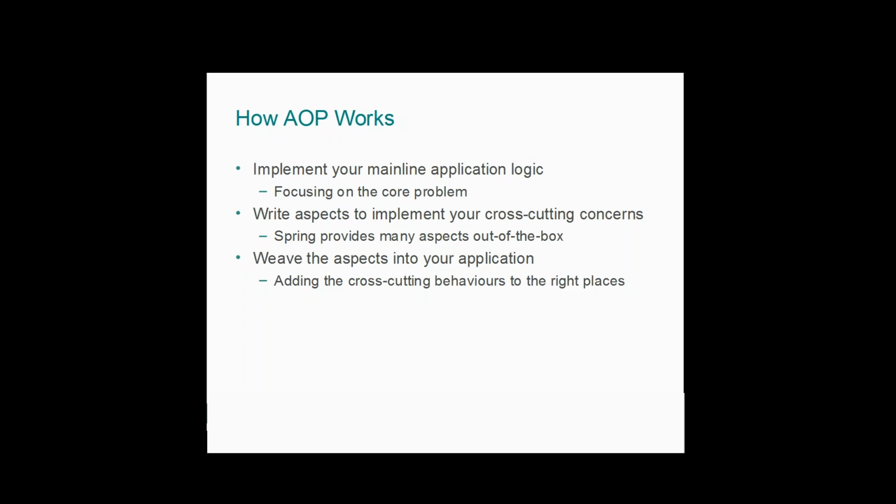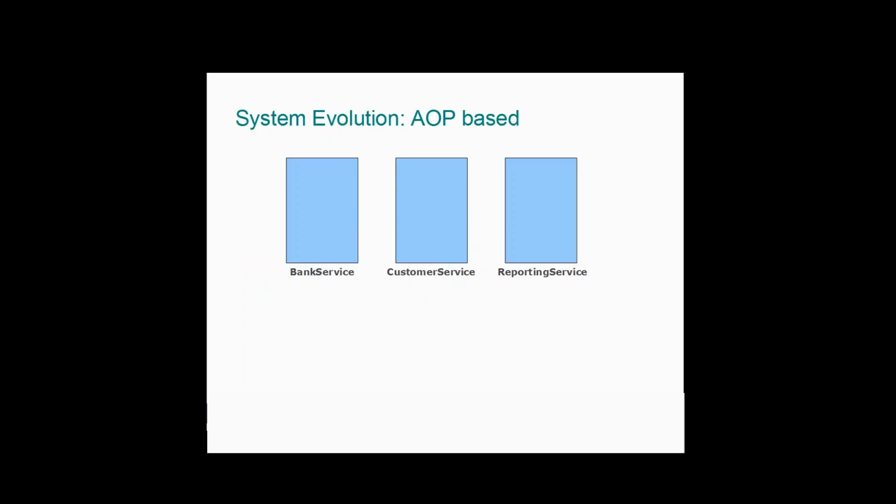So physically, if you look at it, the generic cross-cutting concern is kept away from your business logic, and based on your requirement, wherever it is supposed to be inserted at the right place, it will go and add that cross-cutting concern to get the similar behavior. The way it works is, when you write business logic, bank service, customer service and reporting, and there is a requirement for security, you write the security aspect where you have the security-specific cross-cutting code.